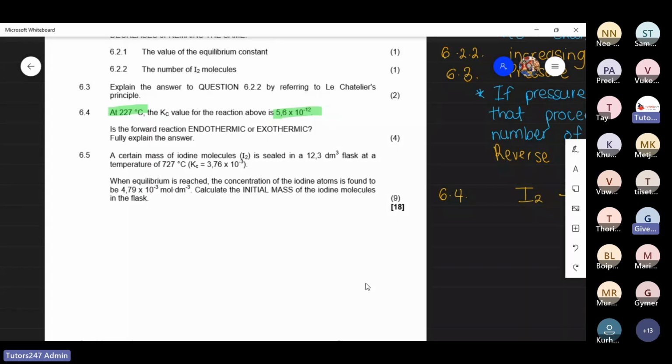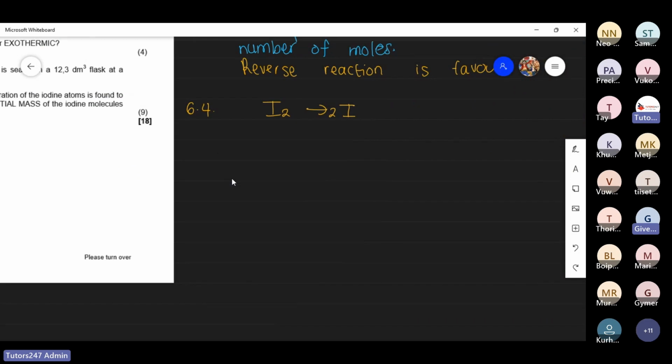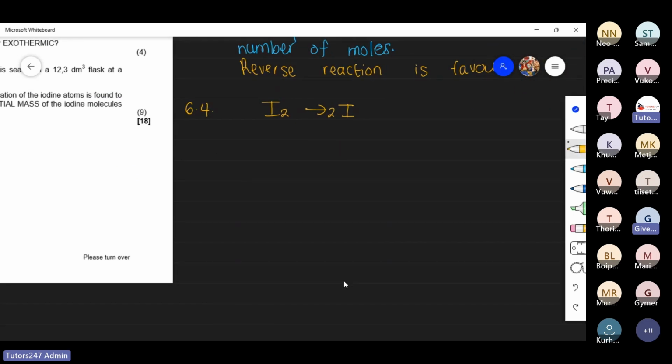What else do we know? We know that previously our reverse reaction was favored. Why? Because there was an increase in pressure. So let us make a note of that, because we have to explain how we are arriving at our final answer. We don't know what the final answer is as yet.